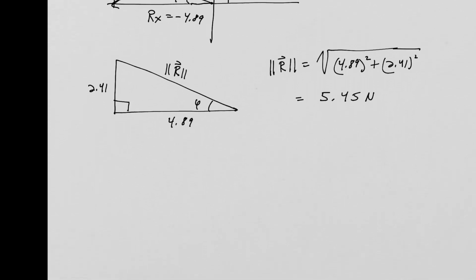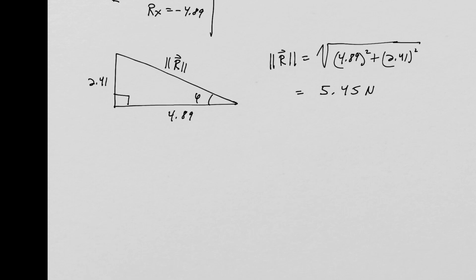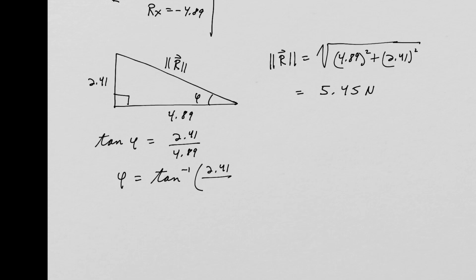And then how do I find the angle? Well, I know that tan of phi is going to be opposite 2.41 over adjacent 4.89. So therefore, if I take the inverse tan of both sides, I'm going to get phi is equal to the inverse tan of 2.41 over 4.89. Plug that into your calculator, and you should get 26.2 degrees.